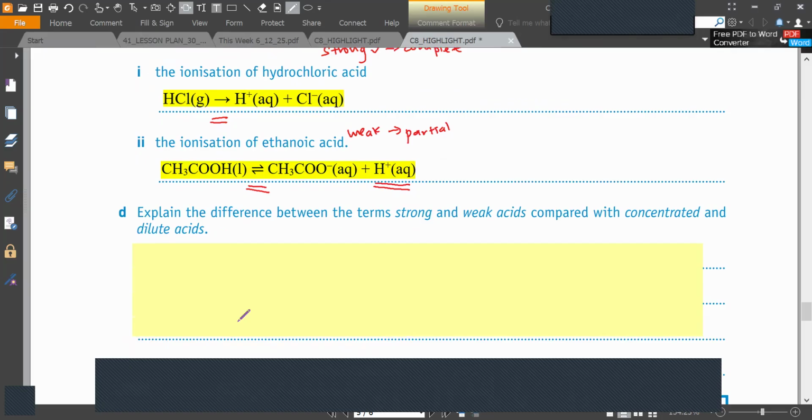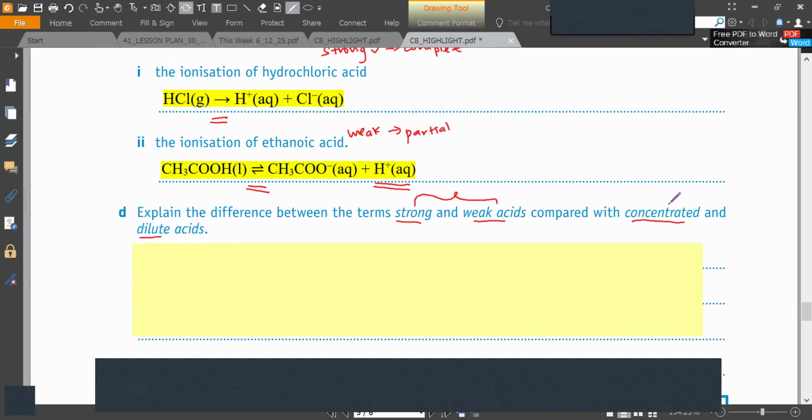Explain the difference between strong and weak acid compared with concentrated and dilute acids. So what's the difference? We talk about concentrated and dilute first.